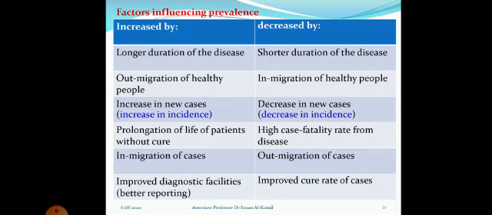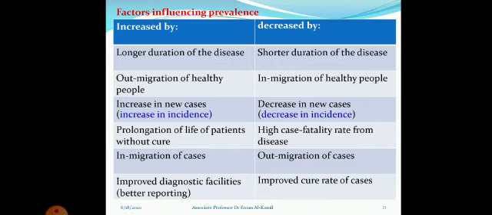Prolongation of life of the patient without a cure will cause an increase, while it is decreased by high fatality. We have already discussed all these factors.